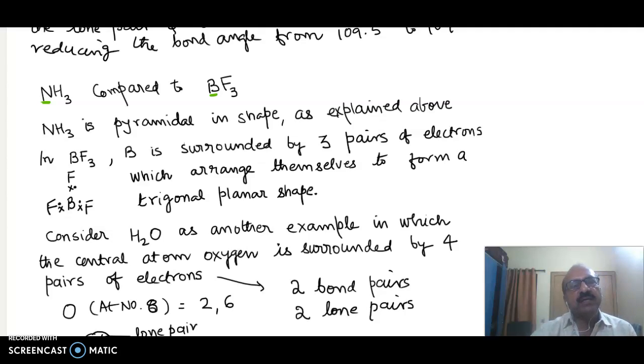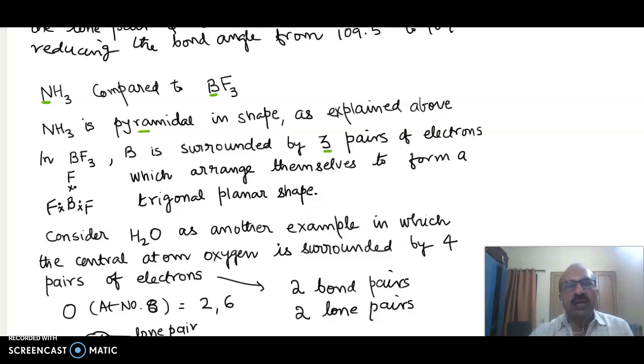As we already considered, ammonia is pyramidal in shape because we have to consider the arrangement of 4 electron pairs. But in BF3, we have to consider the arrangement of only 3 electron pairs. See, boron is surrounded by only 3 electron pairs, and the 3 electron pairs would arrange themselves in the form of a trigonal planar shape.